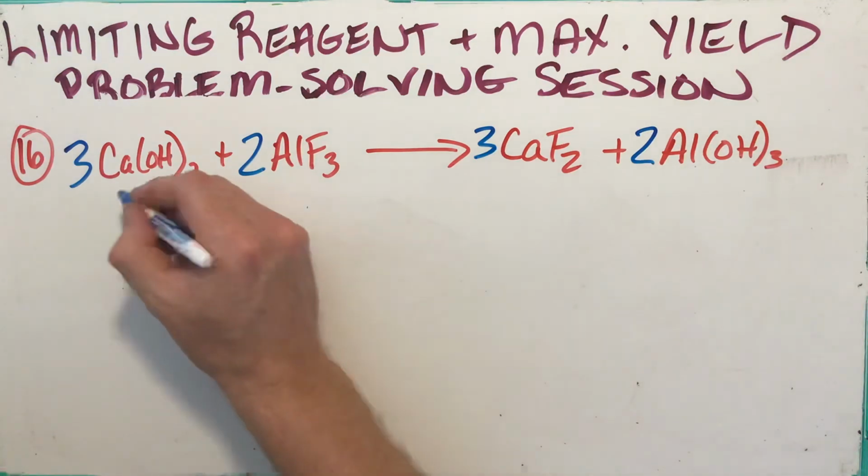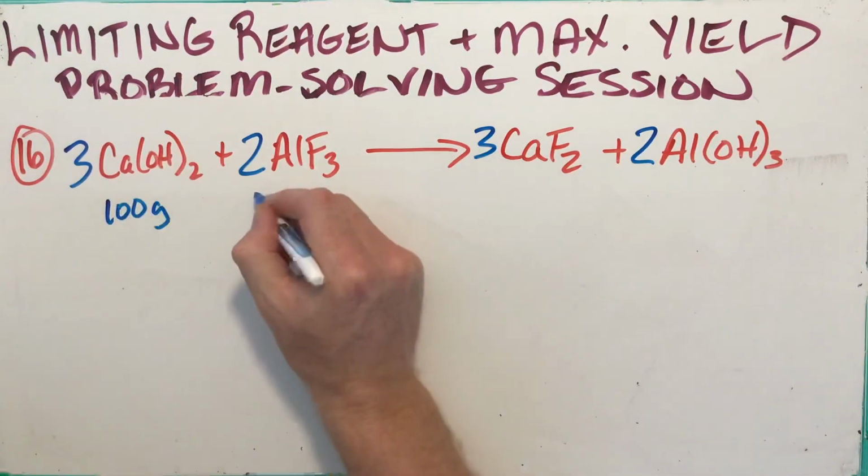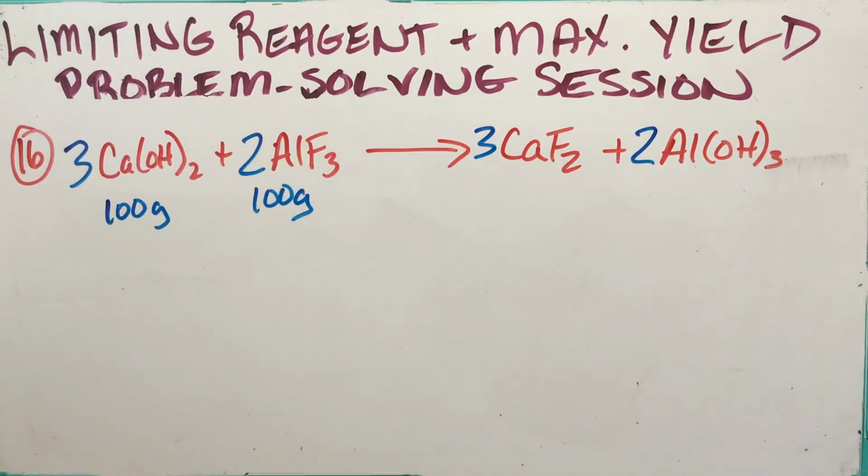Now it said, hey, we got 100 grams of each of these. It wants to know what is my limiting reagent and how much of that excess reagent is going to be left over. So it's just like the last question, number 16, number 12, and 16 were very similar.